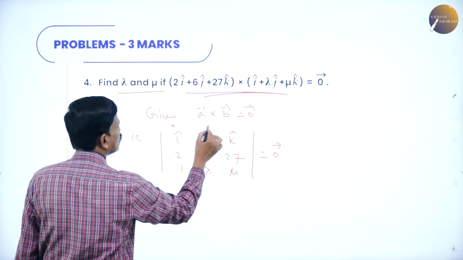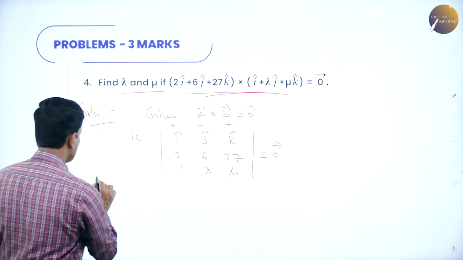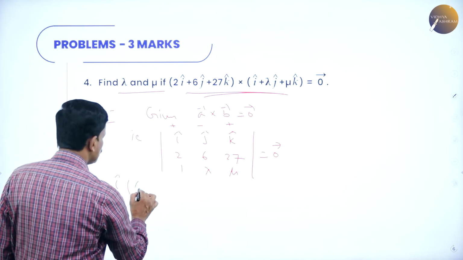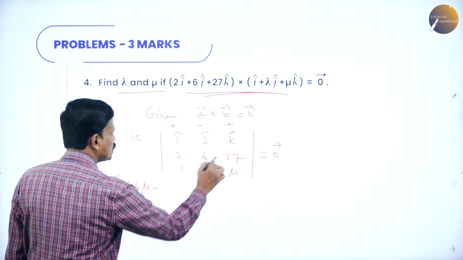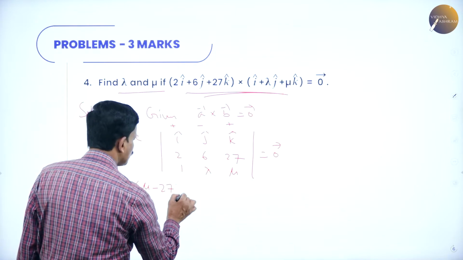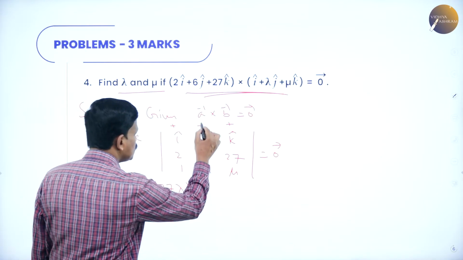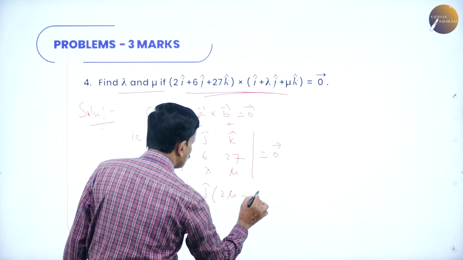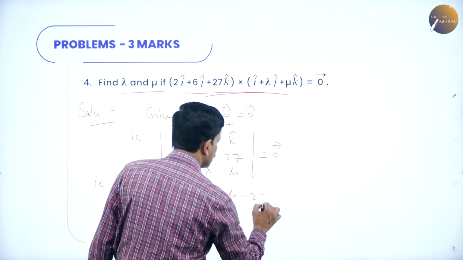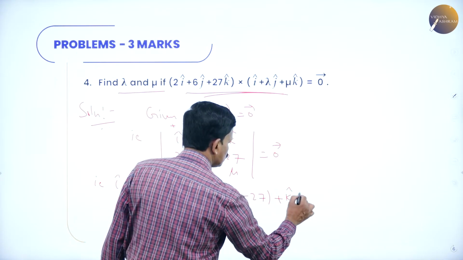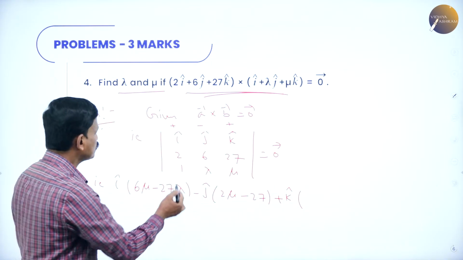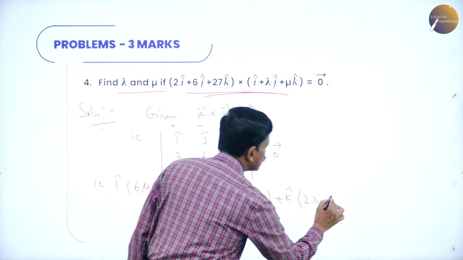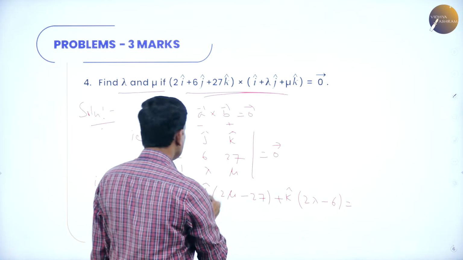Now expand with respect to the first row, plus, minus and plus. That is i cap into 6 into mu is 6 mu, minus 27 into lambda is 27 lambda, minus j, delete the row and column containing this, 2 into mu is 2 mu, minus 1 into 27 is 27, plus k cap into 2 into lambda is 2 lambda, minus 1 into 6 is 6, equal to the 0 vector.